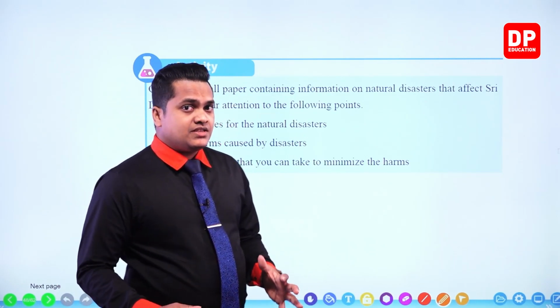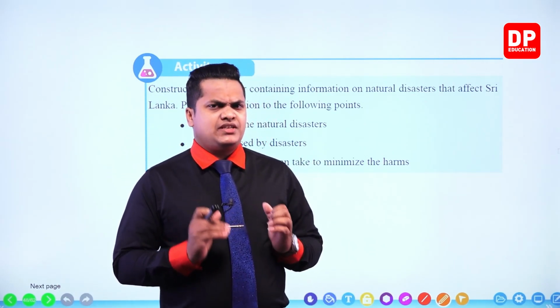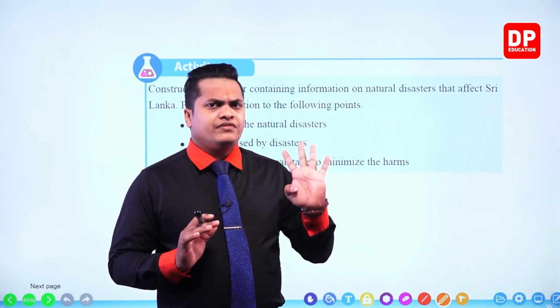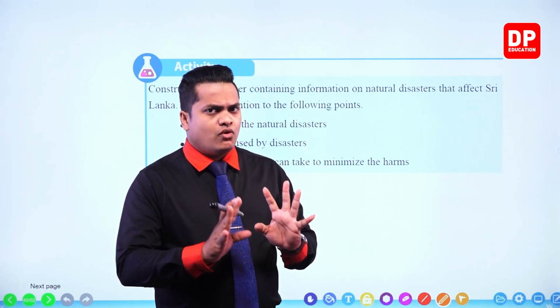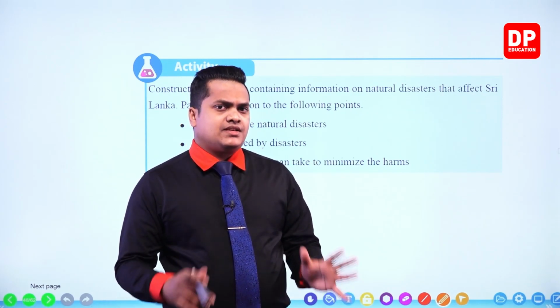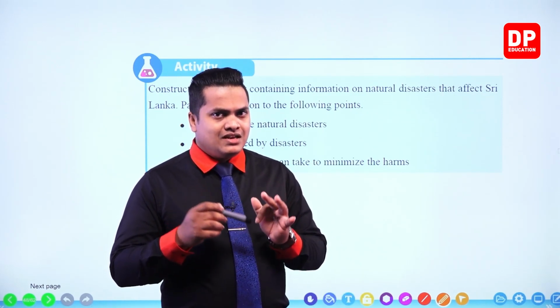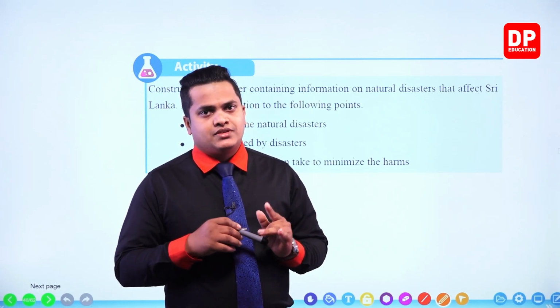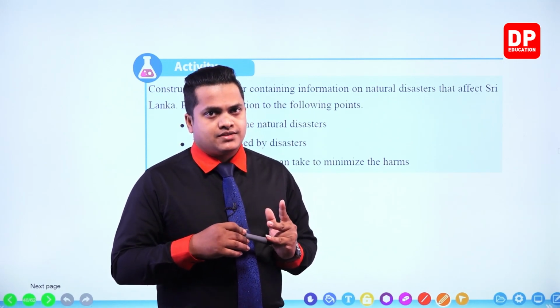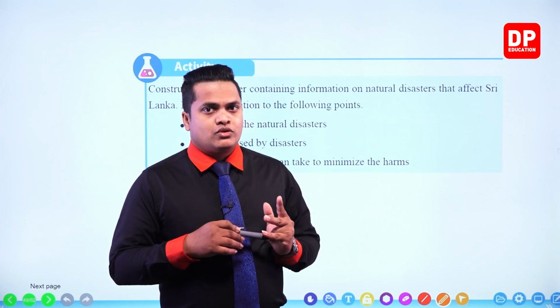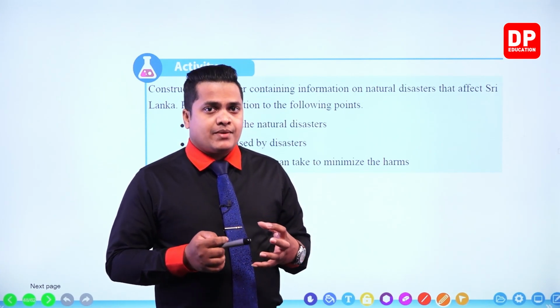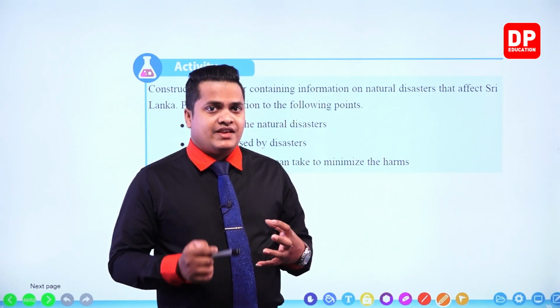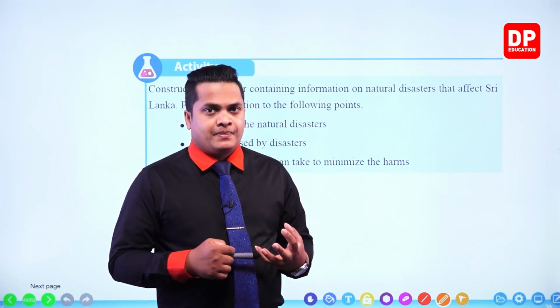Within this lesson part, we have discussed 4 of those cases, right? We discussed floods, landslides, droughts, and lightning hazards. Like that, cyclones are also a type of natural disaster faced by Sri Lanka.